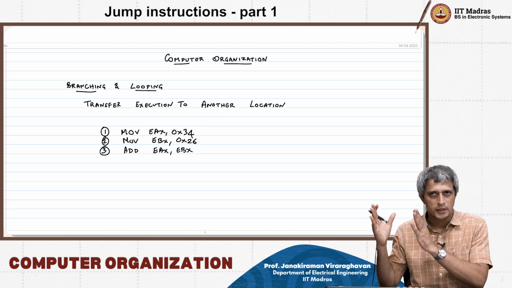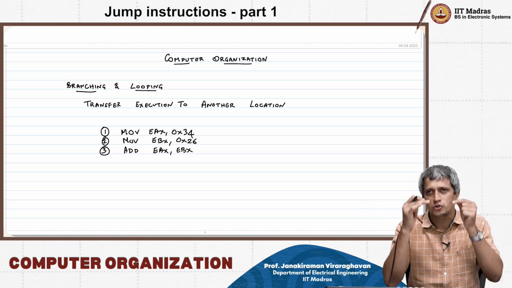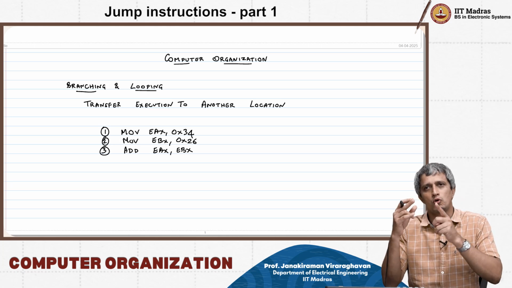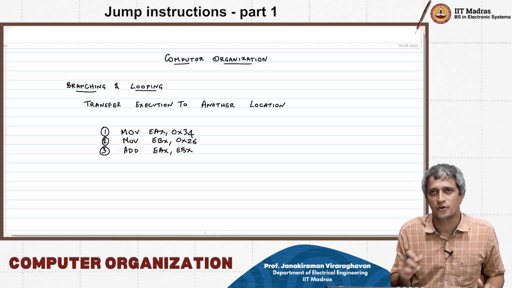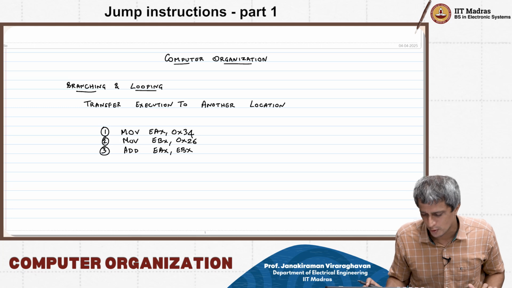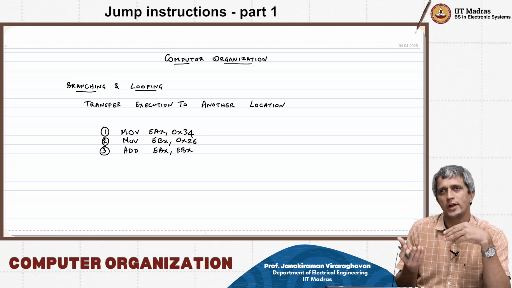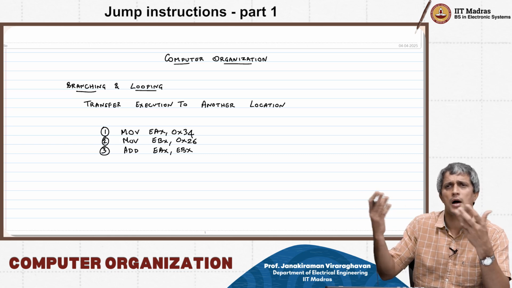Okay, the instruction is fetched from the memory, the instruction pointer then points to the next instruction, you fetch that from memory, then you decode, you execute. Again, the instruction pointer now points to the third instruction, which is the add, you fetch that, you decode, you execute, and so on. Okay, so now let us assume that after doing this, I want to just transfer my execution to some other point.